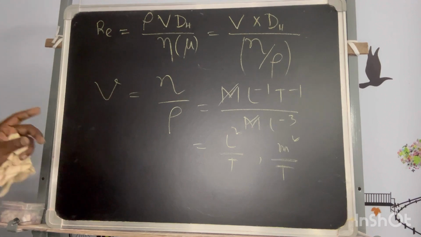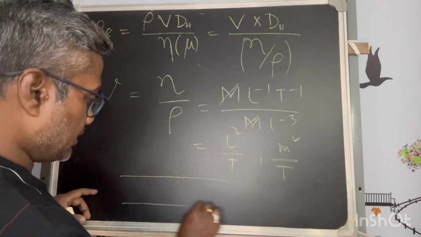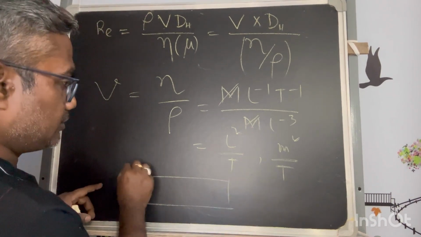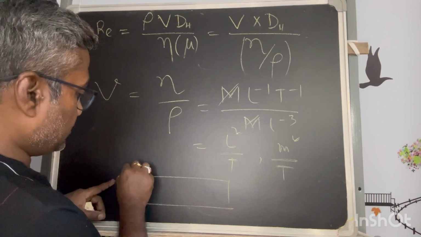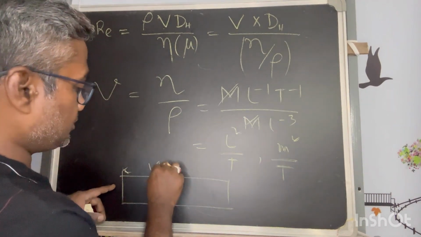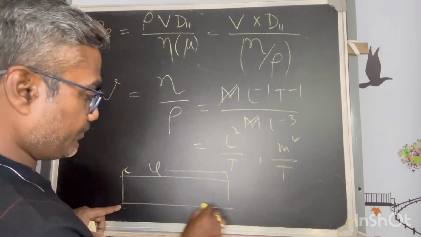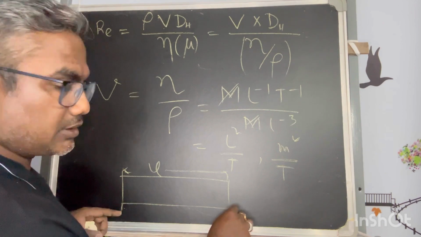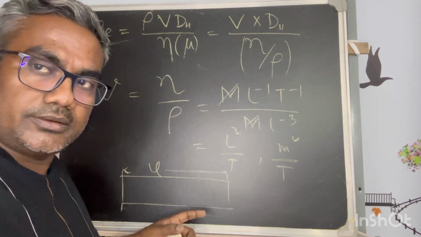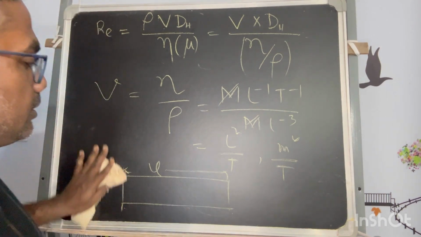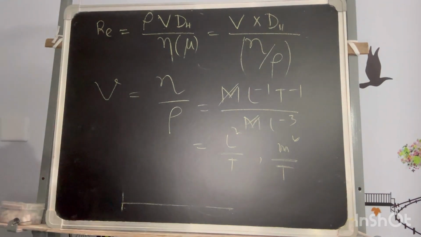So if we know the length of the duct, so you will get the meter, that means length, and by the time, if you can see from here to here how much time it is taking to travel, okay, so you will get the kinematic viscosity easily.